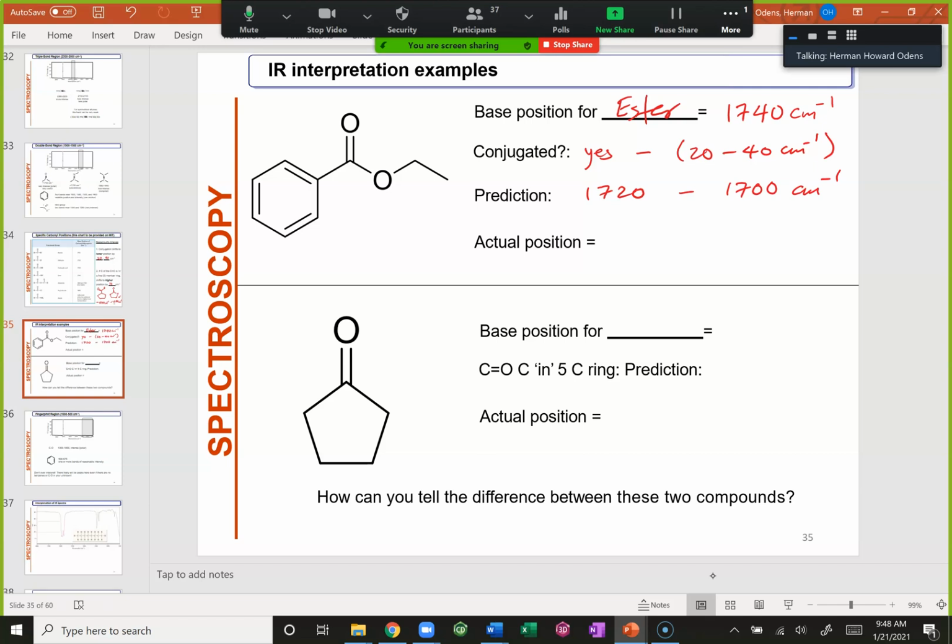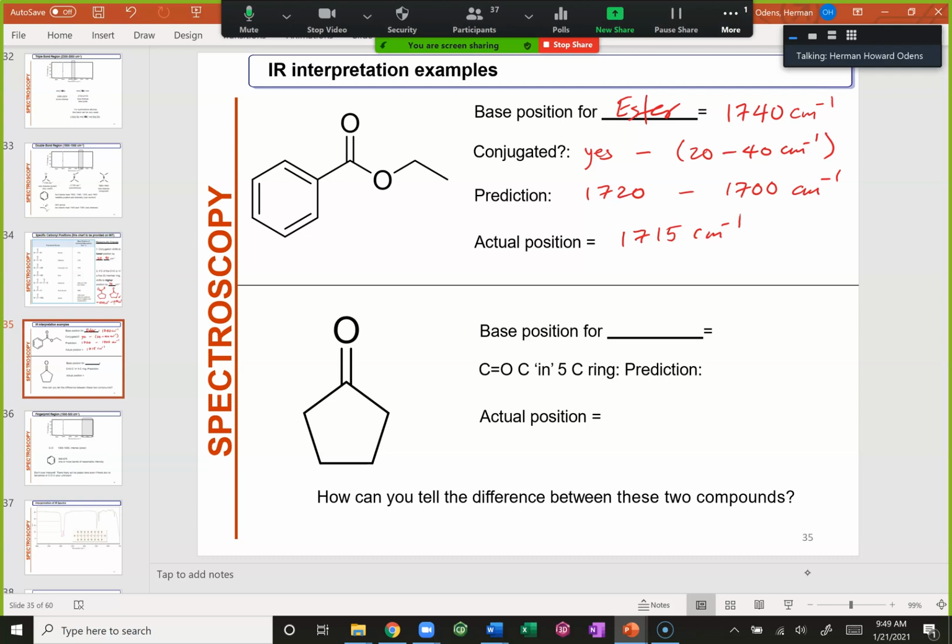The actual position for this molecule is 1715. Pretty good, right? So it's within that range. All right. Let's go to the next problem.